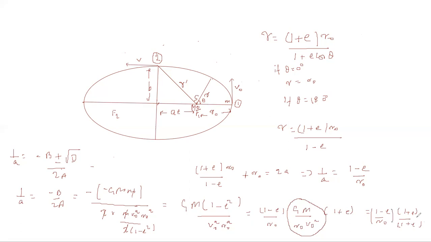So this cancels, and last step, we have 1 by a is equal to 1 minus e over r naught, and this equation and this equation are indeed the same.